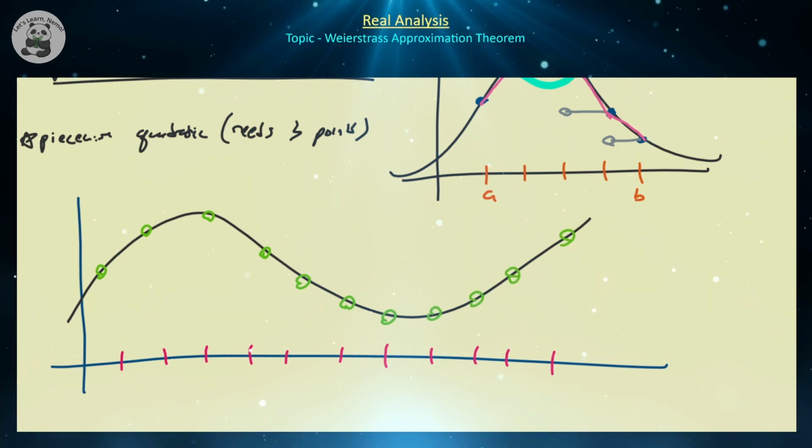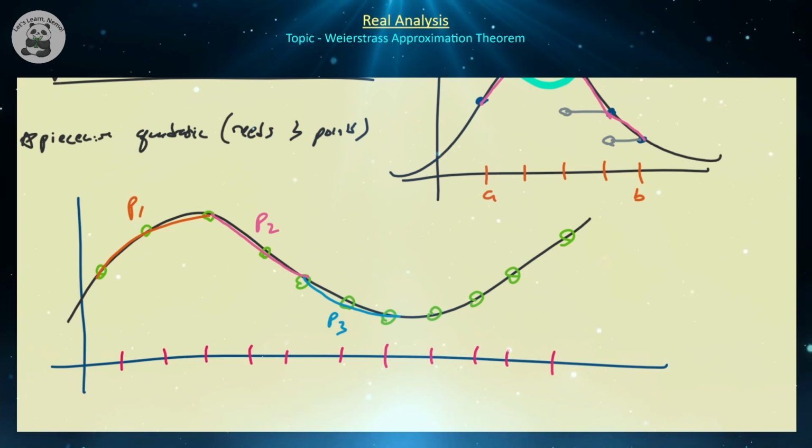And then we're going to go from left to right and choose 3 points. We're going to approximate the first 3 points with a parabola. Let's call that P1. Then we're going to do the next 3 points with a parabola, let's say P2. And then we're going to approximate these with a parabola, that's going to be P3. And then we're going to have the next parabola here, P4.